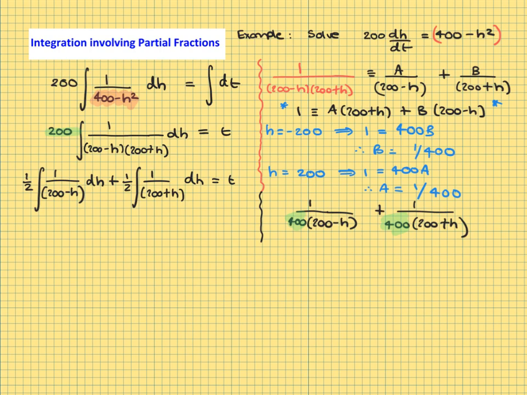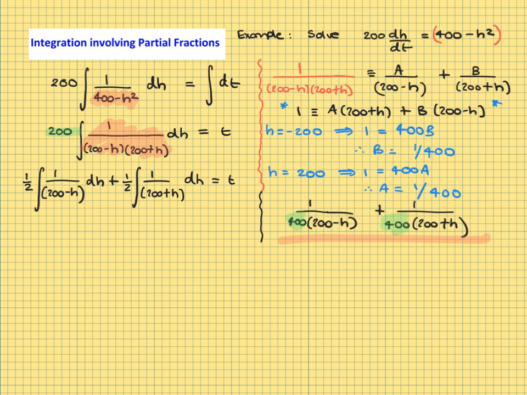Make sure you can see what I've done here. I've replaced this single fraction with these two fractions here, but I've made sure to multiply both of them by 200, and I've split them up into two separate integrals as well.